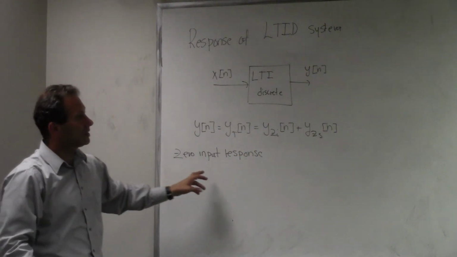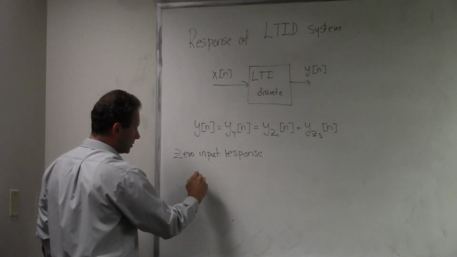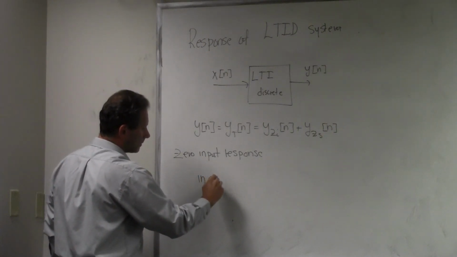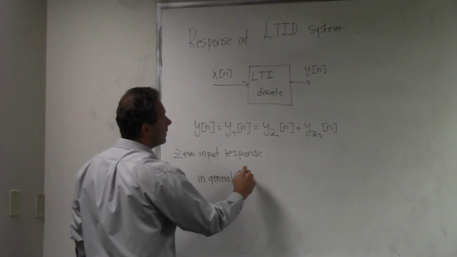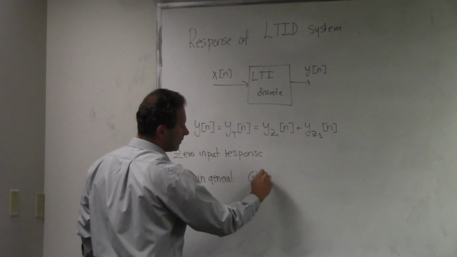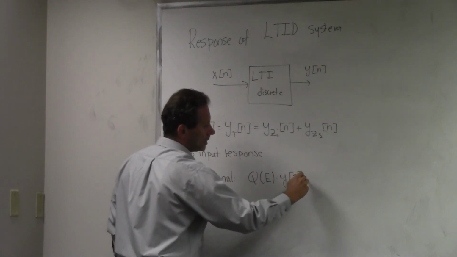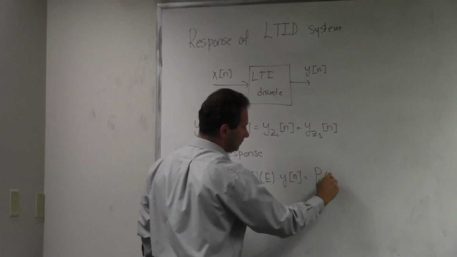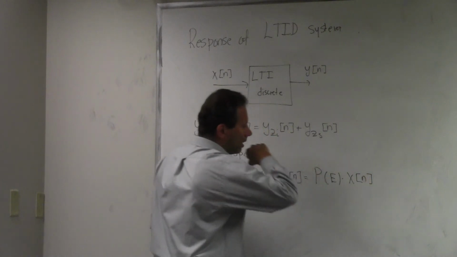Now, if I look at my general difference equation, for the linear time invariant difference system, I have Q of E operating on y of n equal to P of E operating on x of n.